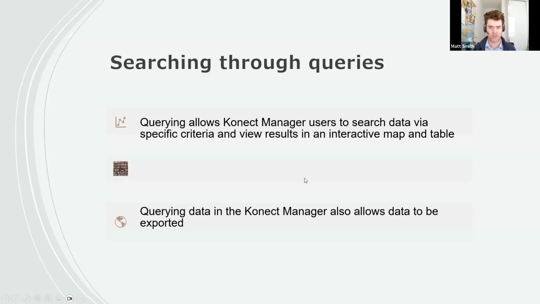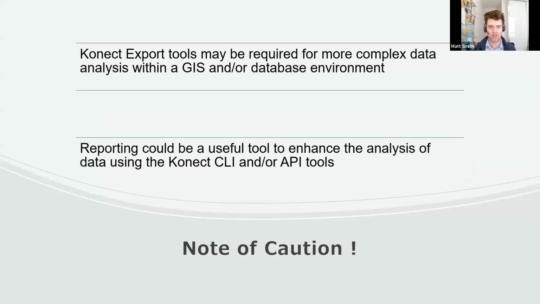Okay, so searching through queries. This is just a reiteration of the point I made about Konect Manager, that interactive maps and tables are displayed as a result. Querying data in the Konect Manager allows the data to be exported as well, which cannot be done on the app itself. Okay, so just a note of caution. Konect export tools may be required for more complex data analysis within a GIS or database environment.